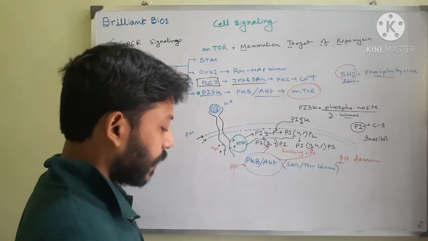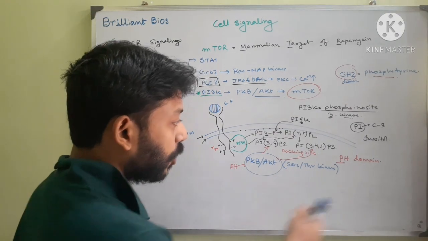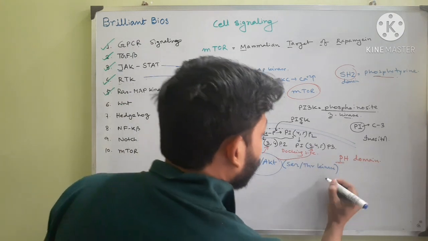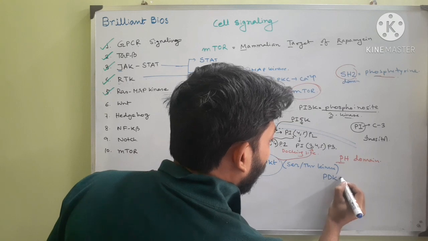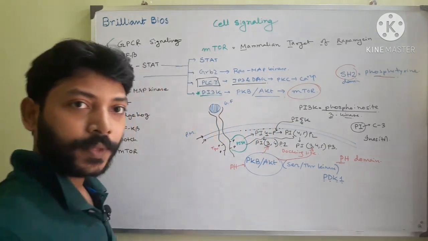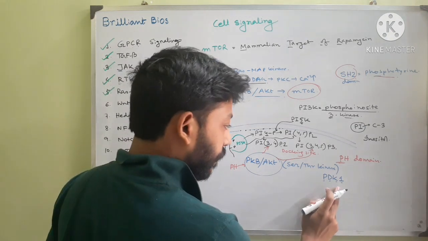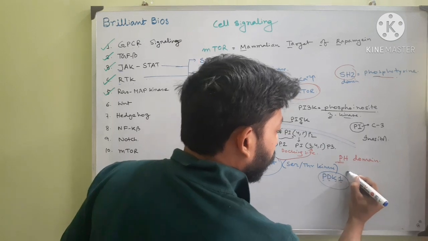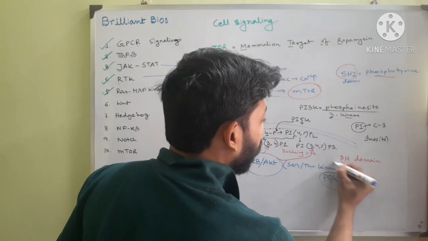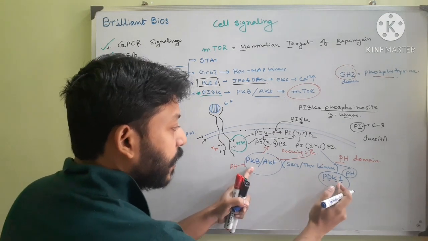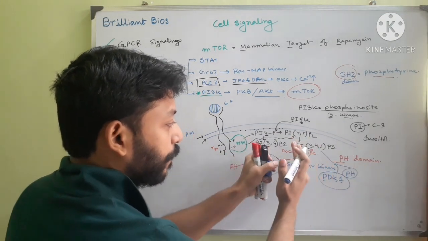Another protein that has the PH domain through which it can bind with these two molecules is called PDK1, phosphoinositide dependent kinase 1. This PDK1 is a kinase. This PDK1 also has a PH domain through which it can bind with these two molecules, and by this way this PKB kinase and PDK kinase come very close to each other.